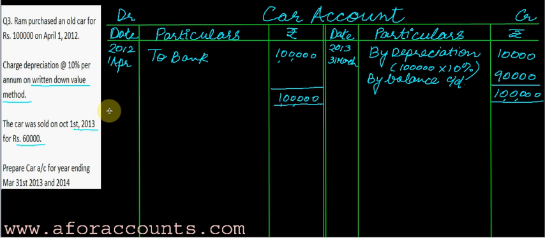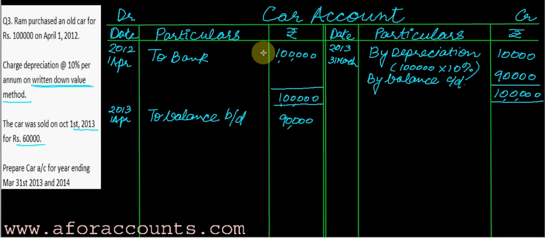Now on 1st April of the next year, 2013, my next financial year, get the balance here, to balance brought down 90,000. Now the difference between written down value and straight line method is, you will keep putting depreciation on your original value, which is 1 lakh here, in your straight line method.